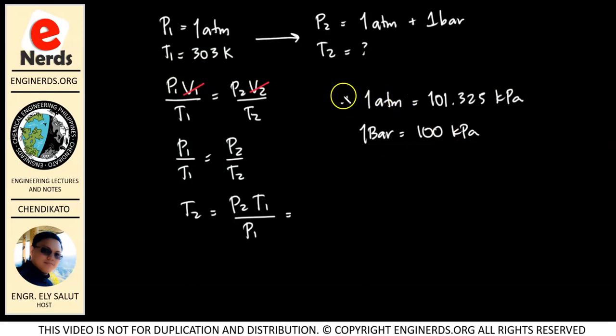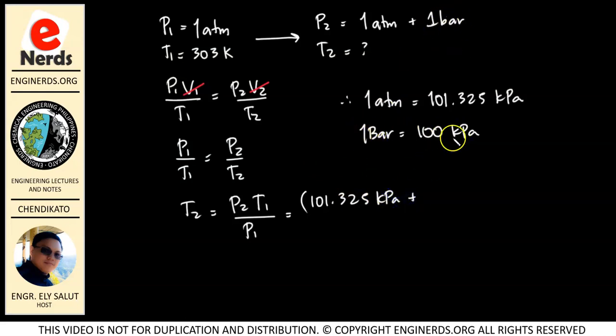Okay, so let us now substitute our values here. So we have our P2. Starting with P2, we have 1 atmosphere plus 1 bar. Now, I will convert this into kilopascal. So, 1 atmosphere is equal to 101.325 kilopascal. Okay, so I'm sorry. We have kilopascal here plus 1 bar.